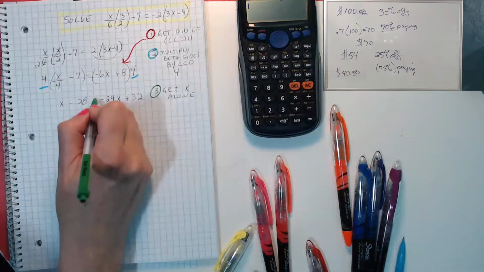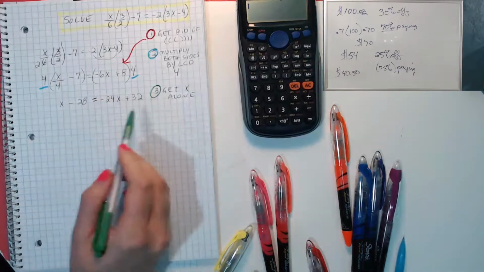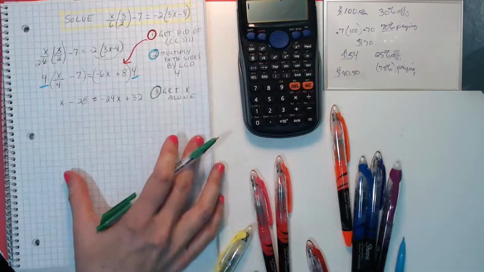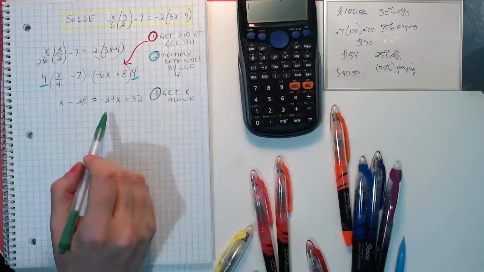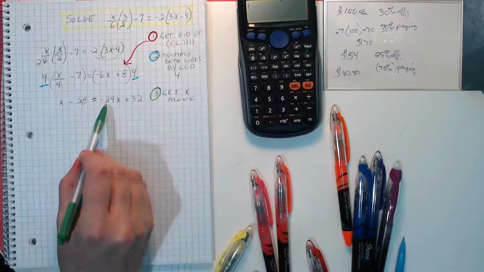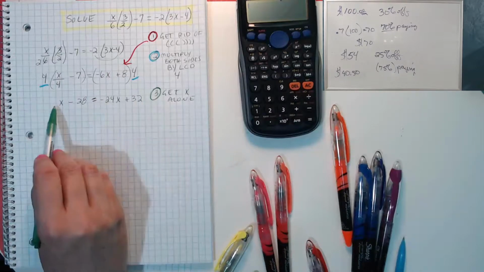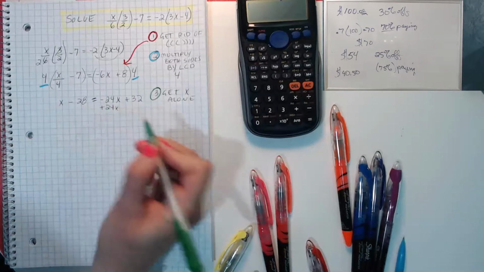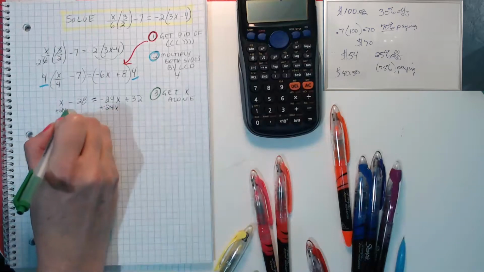So this is where a little common sense comes into play. I can work this problem no matter which side I put x on, it'll work out the same. But I'm going to do the educated guess, as we call it, and move my x's to the left side so they're positive. So I'm going to add 24x to both sides.